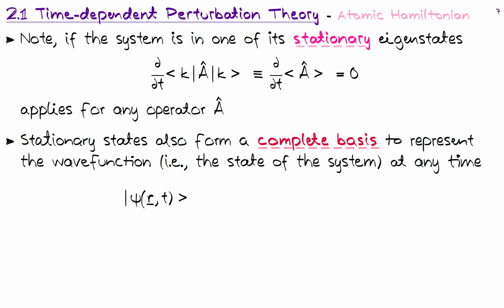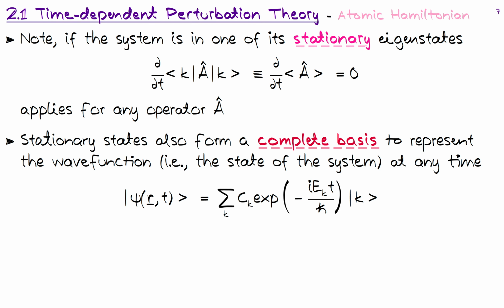At any time, we can write the total ket of the wave function as a sum over all the states, all the k values, where c_k is an expansion coefficient, and then we have exponents that show the oscillation in our wave function.